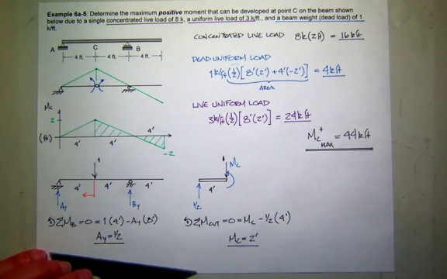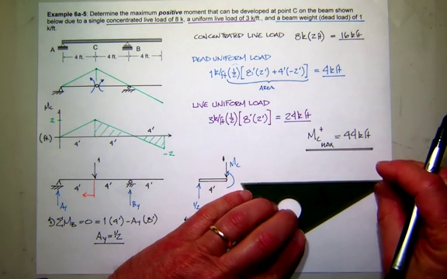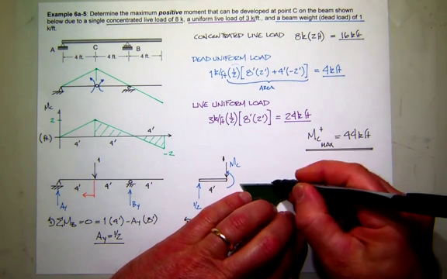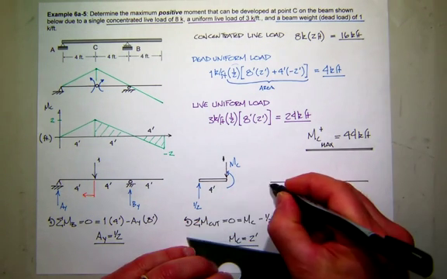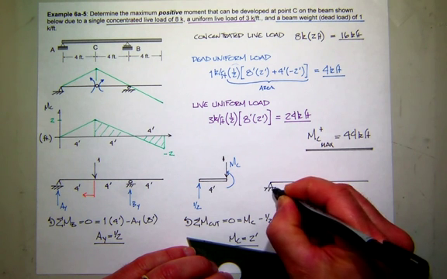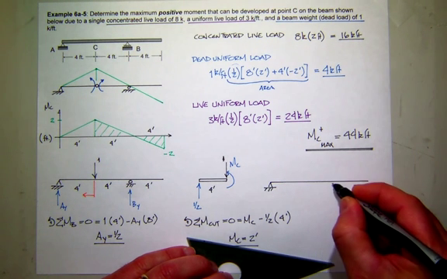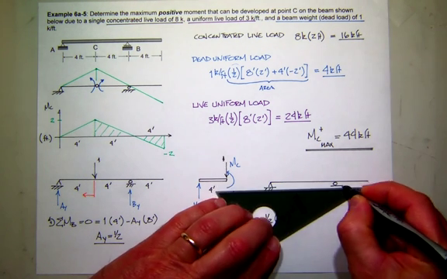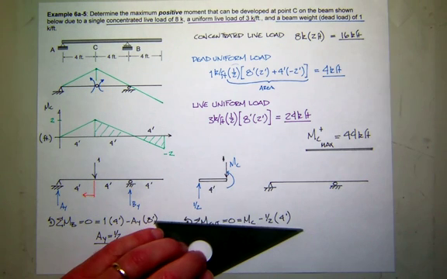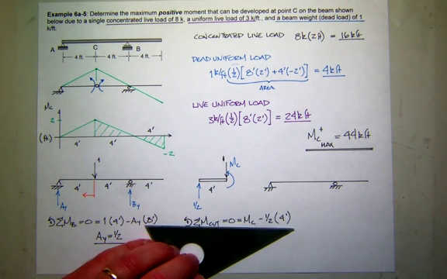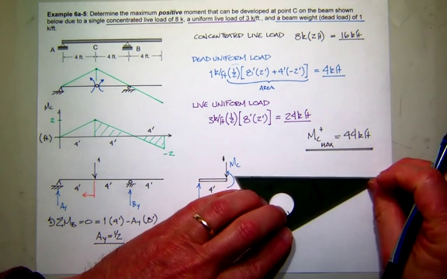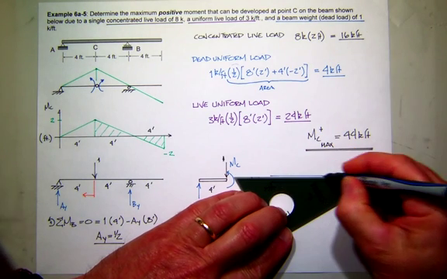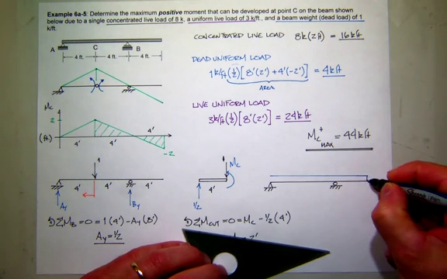Now, what does that structure look like? So let me just come down here real quick and make a sketch of what the structure looks like. And the first thing I'll do is I'll put on the dead load. This is the weight that is across the whole structure.